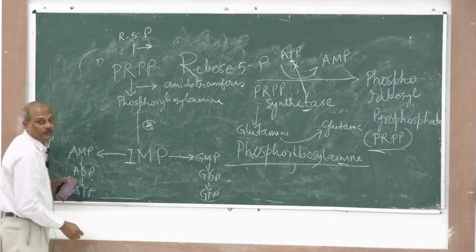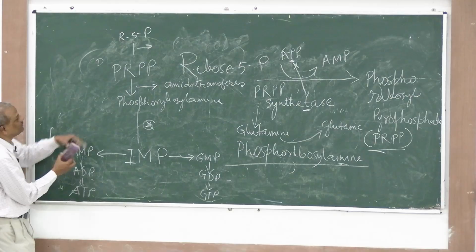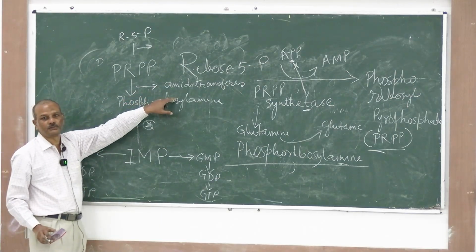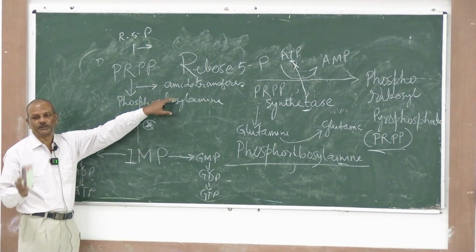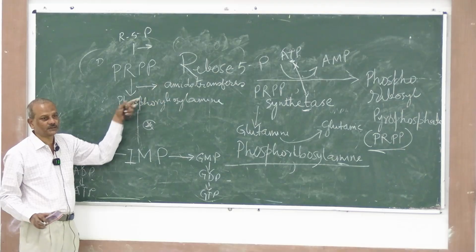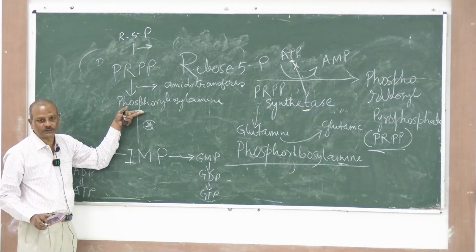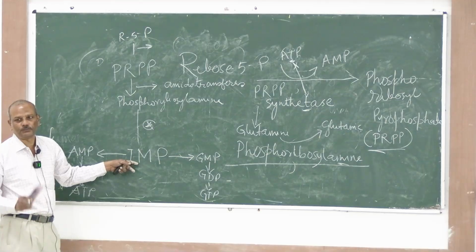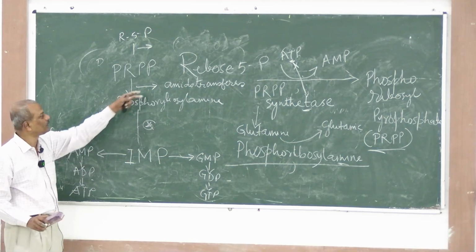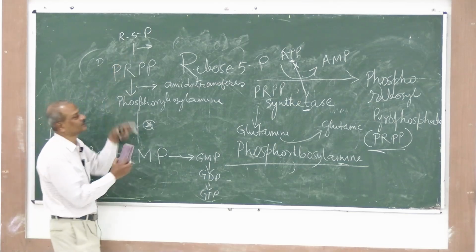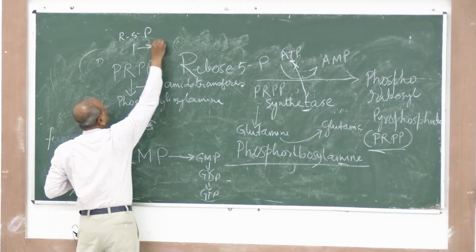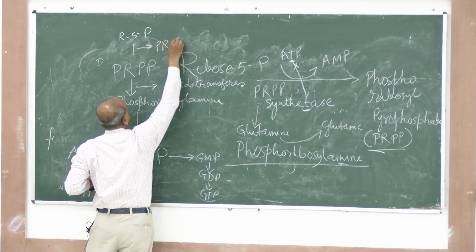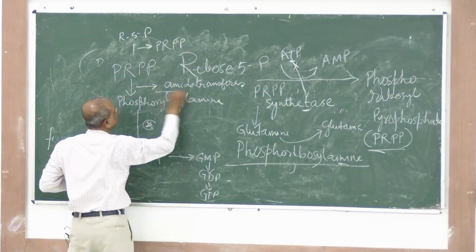Now, see, this is the committed step. Committed step means once this step is crossed, this will finally come to the end product, that is inosine monophosphate. So this is the committed step and the first step is PRPP synthetase, and maximum regulation occurs in these 2 steps.